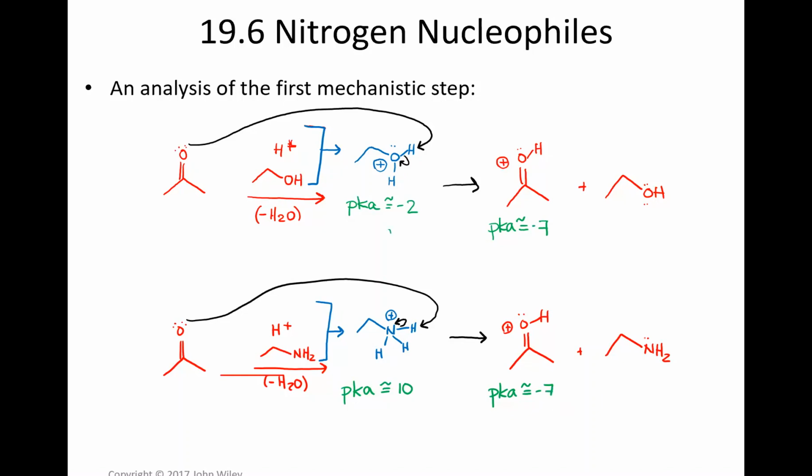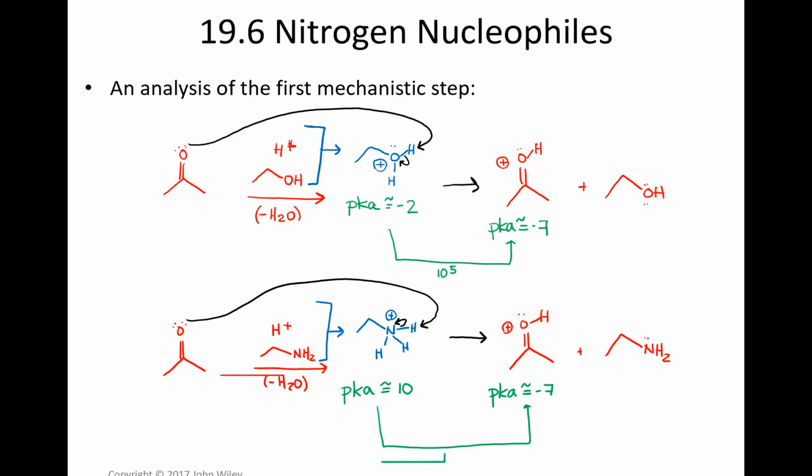So now we're comparing really an acid on one side of -2 versus -7, and then 10 versus -7. So when we think about the difference here, neither reaction favors the products because the protonated ketone is the strongest acid in both cases. But here there's a difference of only 10 to the 5 in the first case.